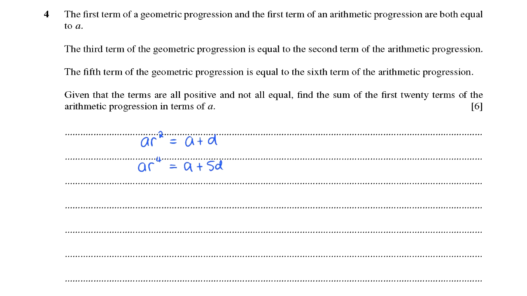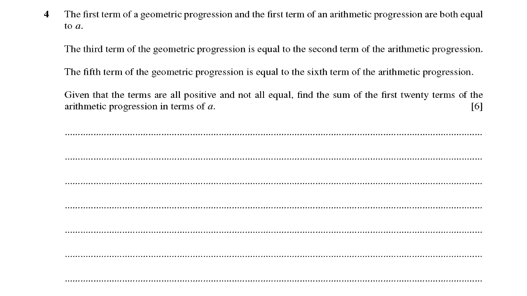So if we take the first equation, we could rearrange that to R squared is equal to A plus D divided by A. And then if we square it, we'll have R to the 4. And so we have R to the 4, so I can substitute it into the other equation. It's going to be A plus D squared over A squared.